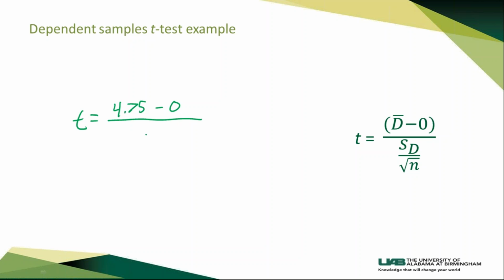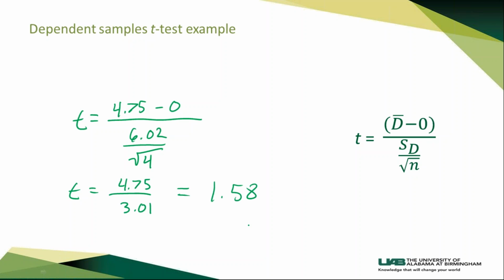So we just calculated the standard deviation of the differences. And we know that our N is 4. Again, the number of people we have, not the number of observations. So this will further reduce. So that is our t value.